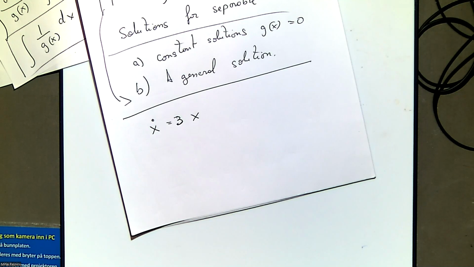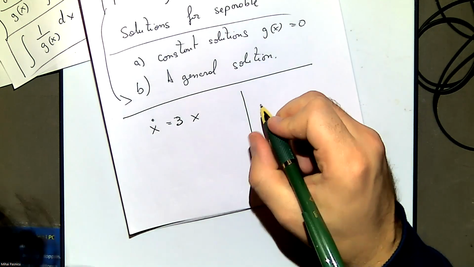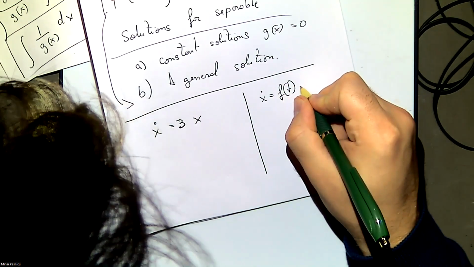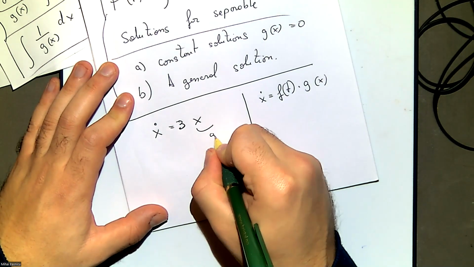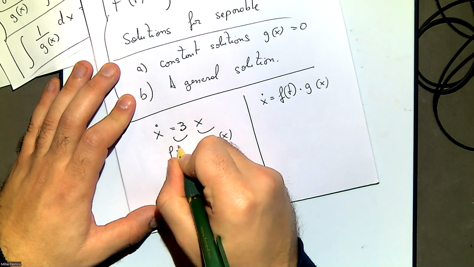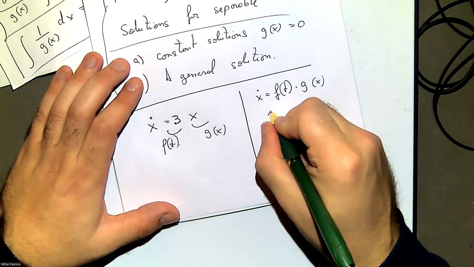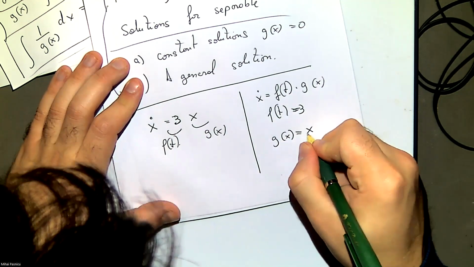So what do we have here? We have x dot is equal to f of t times g of x. Again, really important is to bring it to the same form and then identify. So I'm identifying right now. I'm just saying this is g of x, this is f of t. All right, so f of t is equal to 3, g of x is equal to x.